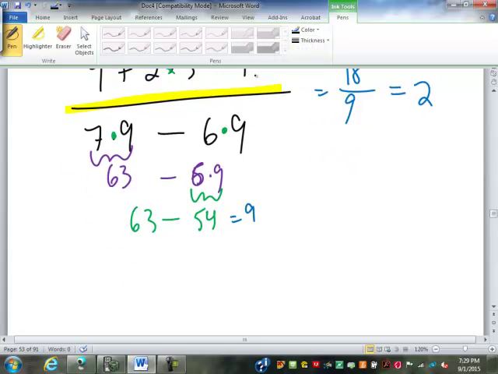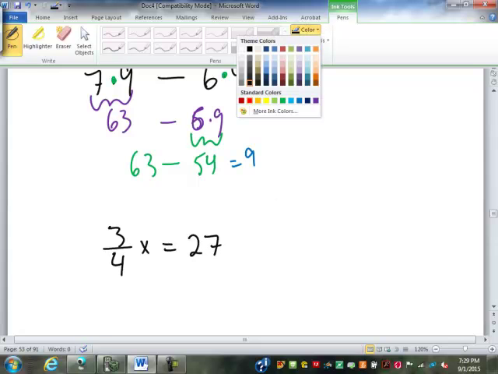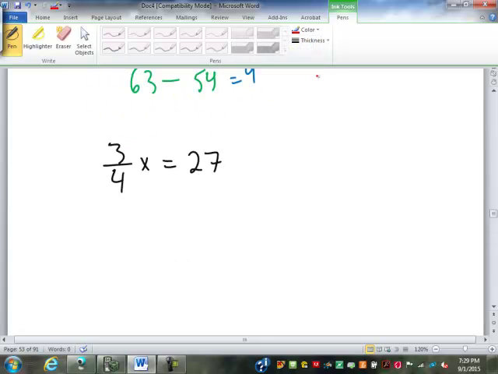We might run into solving equations where we'll have something like 3/4 x equals 27. What would we do with something like that? Well, what if we had 5x equals 65?